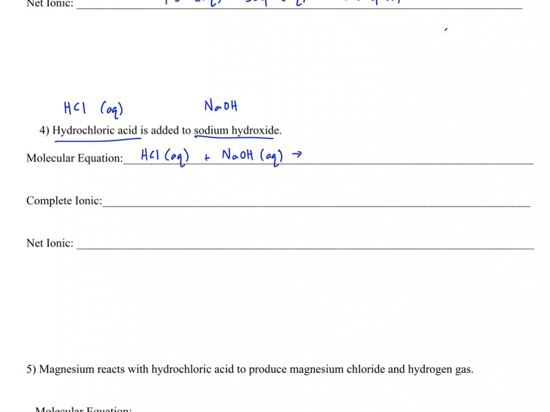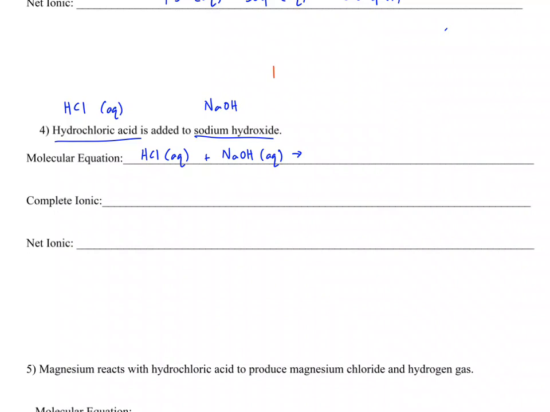So what's produced from HCl and NaOH? Well, your double replacement reaction. Actually, let me write this up here.